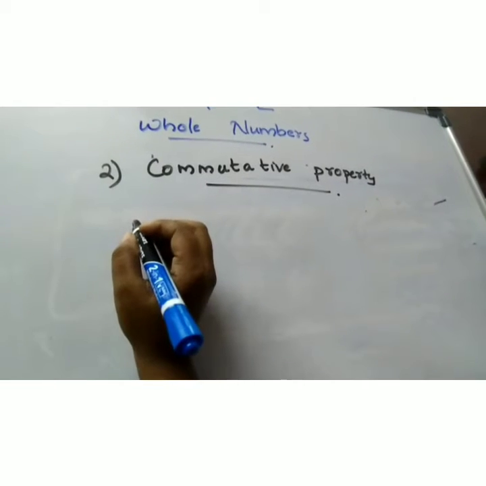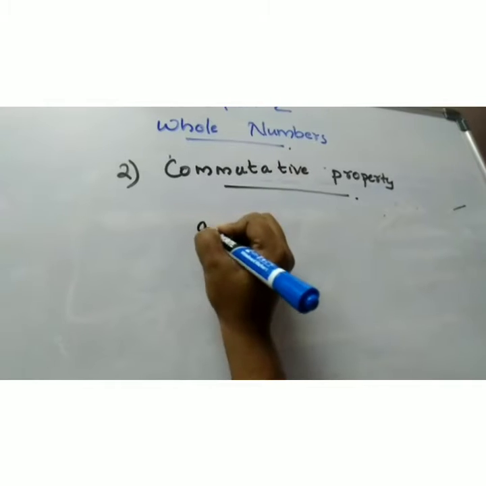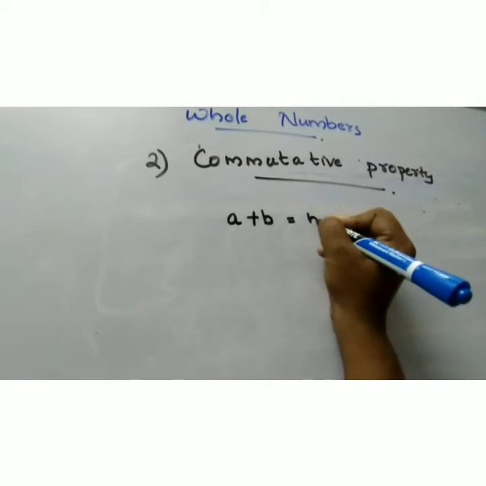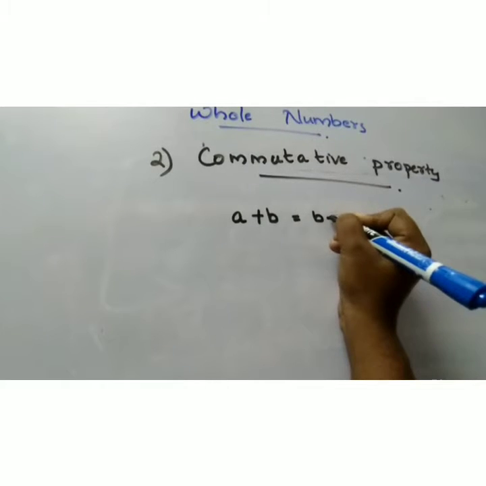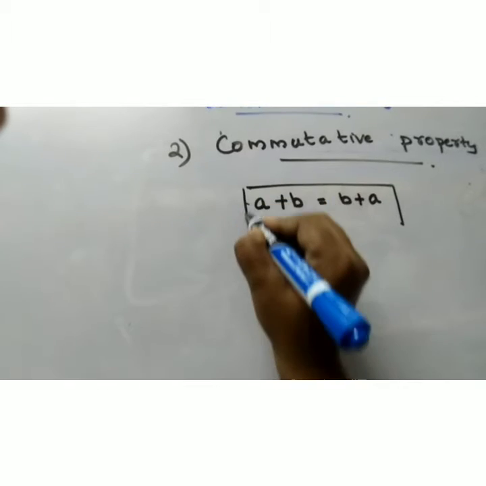Second property, commutative property. That means A plus B is equal to B plus A. This is the commutative property.